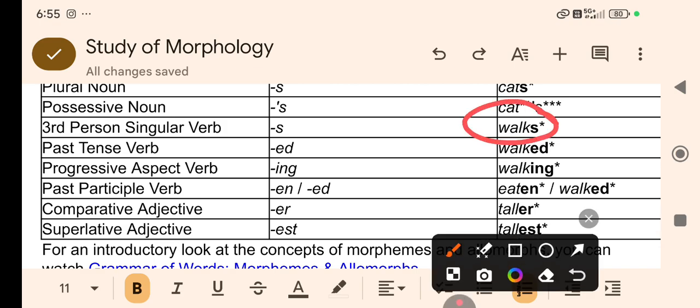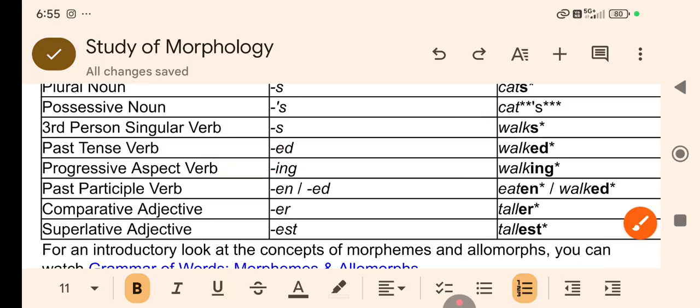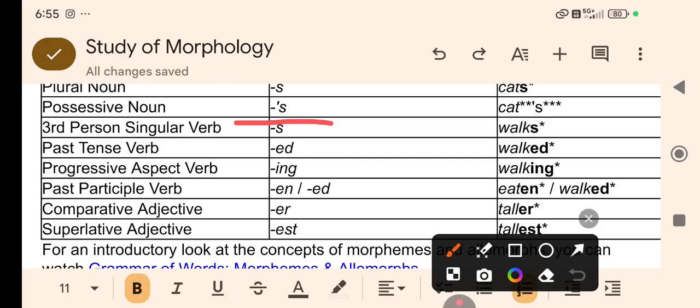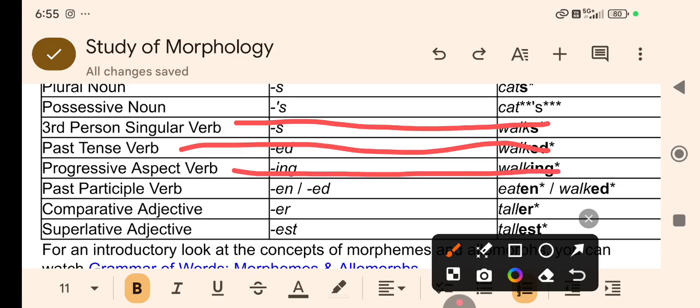Past tense, walked. Then progressive aspect verb, walking, right? Then eat, eaten, and taller, tallest.